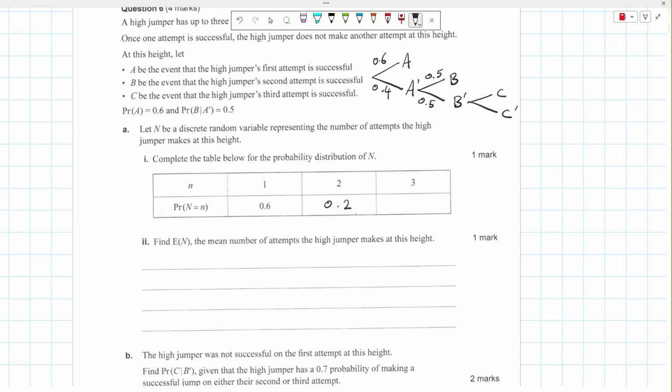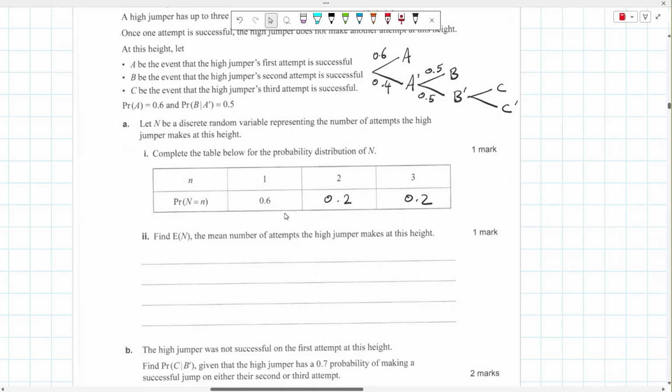So 0.6 plus 0.2, plus whatever that probability is, let's call it x, has to equal 1. So 0.8 plus x has to equal 1. So x has to equal 0.2. So let's put that in, right? The wording of this question is a little bit tricky, but we've got that one.